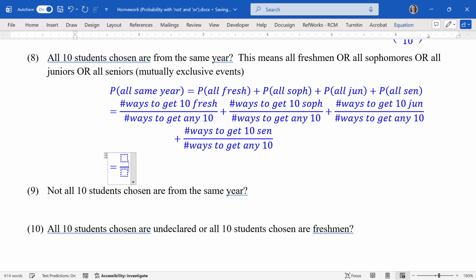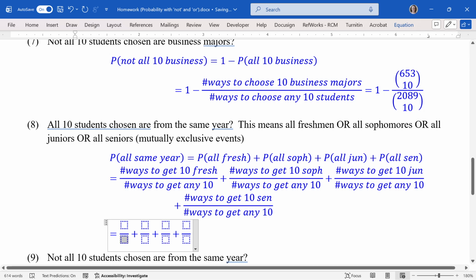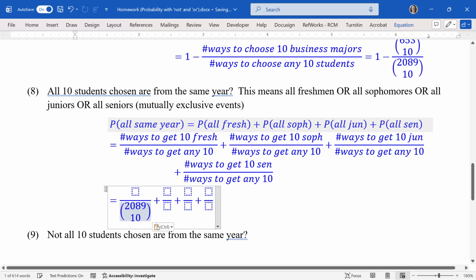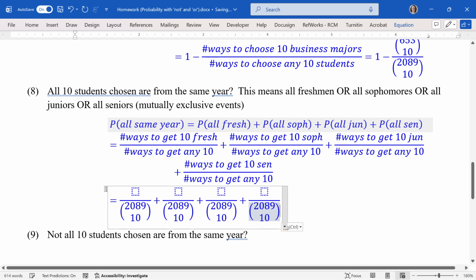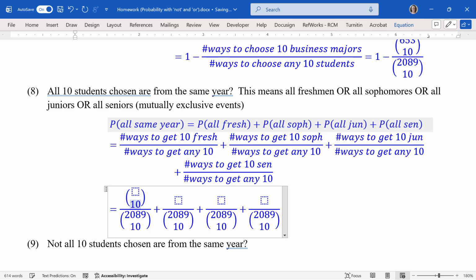Now let's put in the actual choose notation. Okay, so on the bottom of all of these, it's going to be the same denominator we've been using, 2,089 choose 10. It's just the number of different outcomes for the committee in general. And then on the top, we're going to be choosing 10 each time, but we're choosing from a different number.